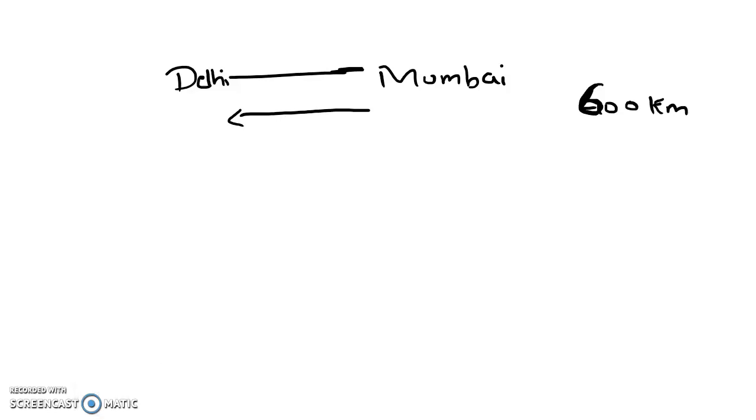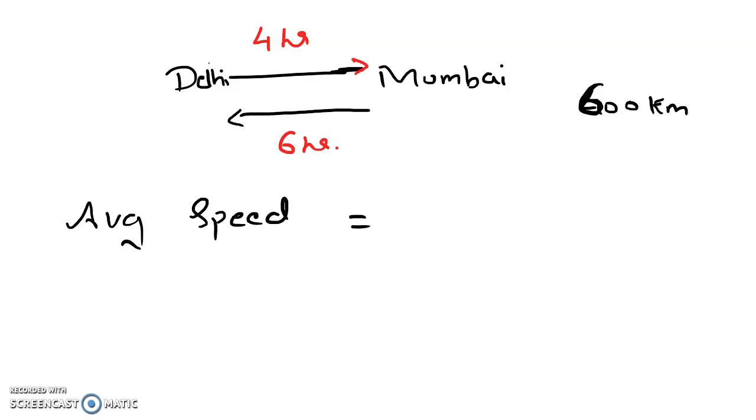You must be wondering, give me more data. So I give you data: you went from Delhi to Mumbai in 4 hours and came back in 6 hours. So what would be your average speed? Again, average speed is total distance over total time.